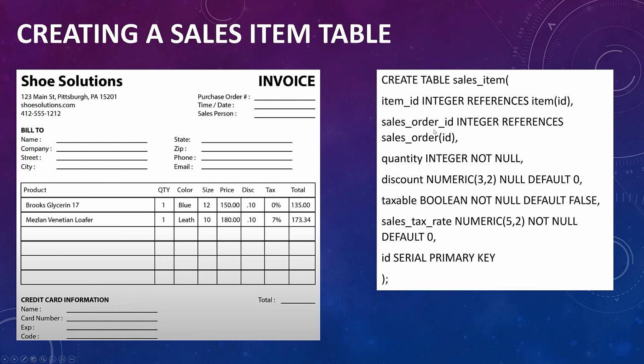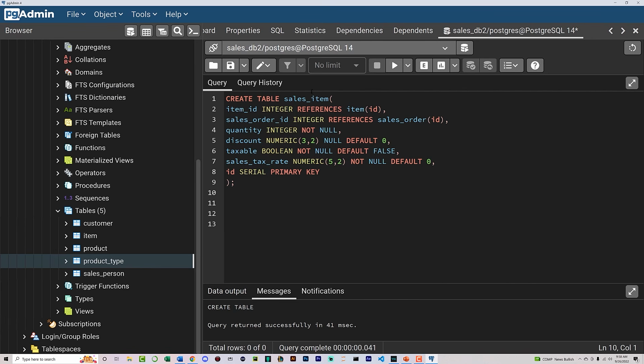It's going to have a reference to our sales order ID, and then it's just going to list all of the other different information that we need. And there is all that information as well. So we're going to create a table called sales item. It's going to have an item ID, foreign key, sales order ID, also a foreign key, and then it's just going to have the specifics on that specific transaction. And we'll run that, and we also created that table.